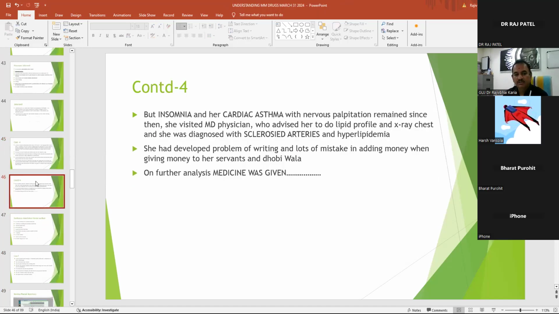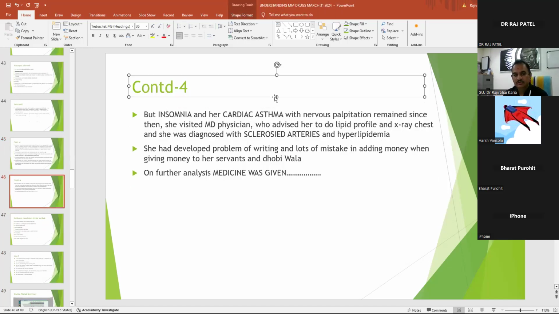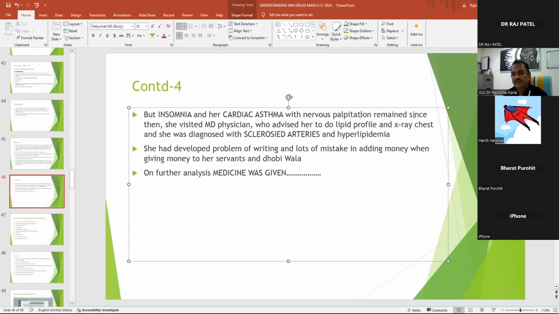So asafoetida was given, but she didn't improve so much. But insomnia and her cardiac symptom, cardiac asthma with nervous palpitation remained since then. She visited an MD physician who advised her to do lipid profile, and X-ray chest was done, and she was diagnosed with sclerosed artery and hyperlipidemia.